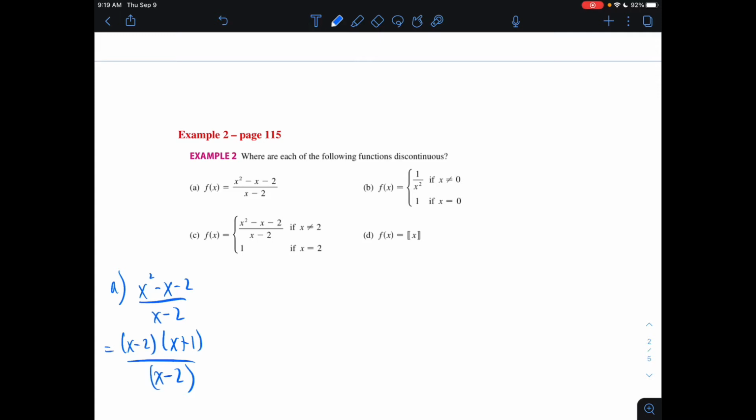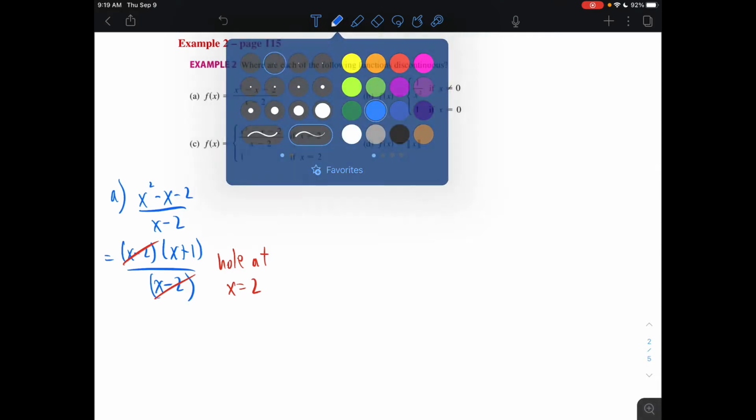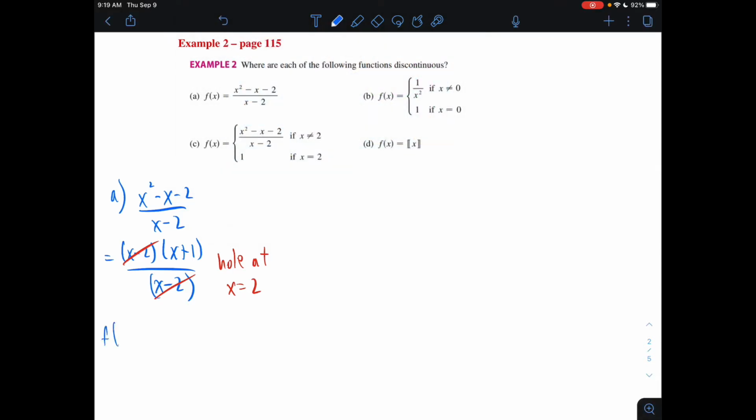And the moment we cancel out the common factors, what we actually learned about this in algebra and pre-calculus is that there was a hole at x equal 2. And so our function just really becomes the line x plus 1, but it has a hole in its graph at the point where x is equal to 2.